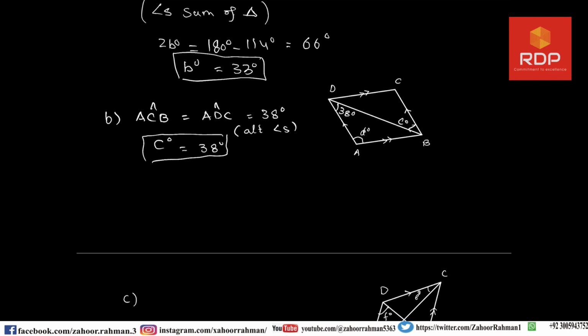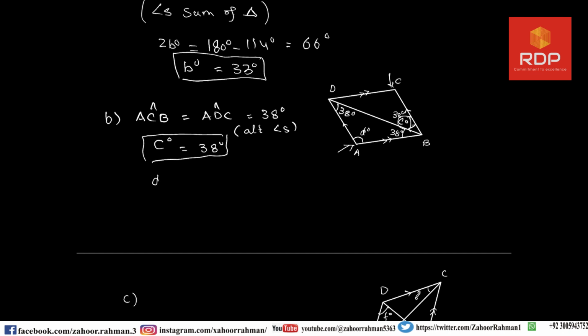Remember, there is a trick involved: this is D, so this will also be D. Instead of finding this D, we can find this, because we found the value of this C, which is equal to 38. So this will also be equal to 38.